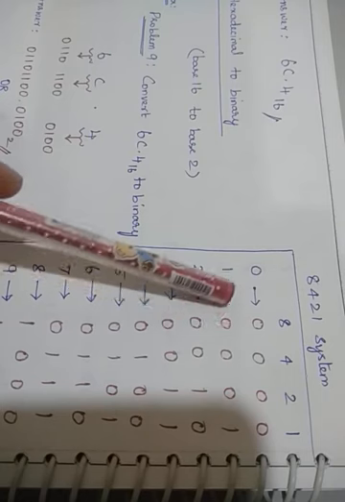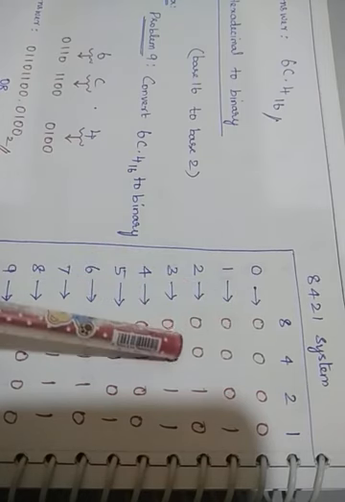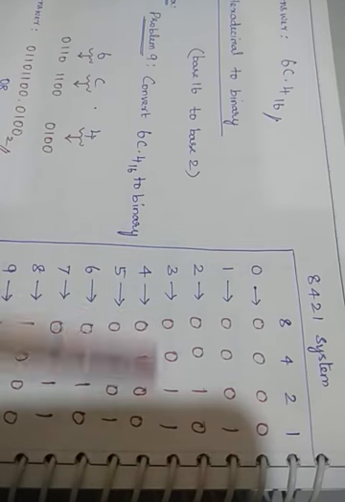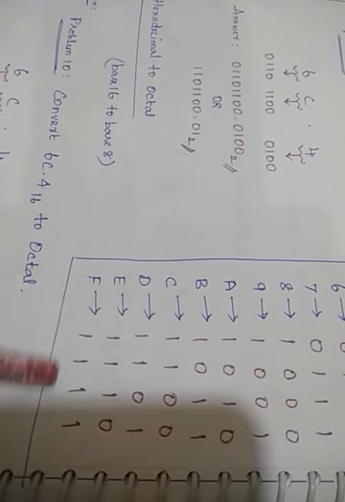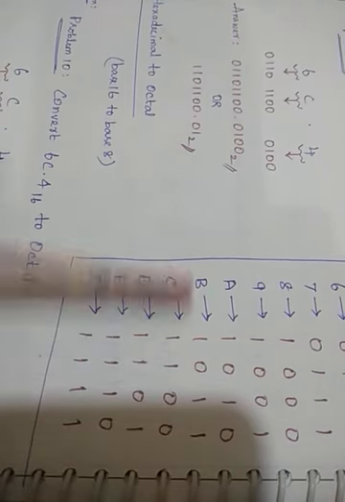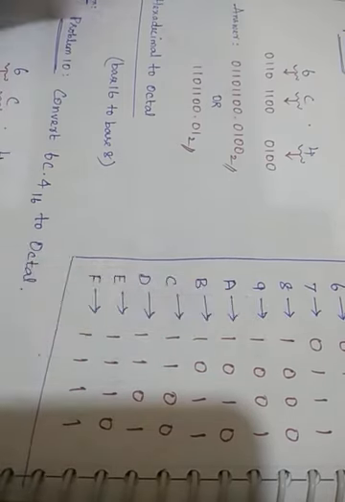For this conversion and that conversion, this will be useful. So 0 means 0000, 1 means 0001, 2 means 0010, 3 means like this. It will continue up to F. F means 1111. Alright. So if you have any doubt in this, please ask me.